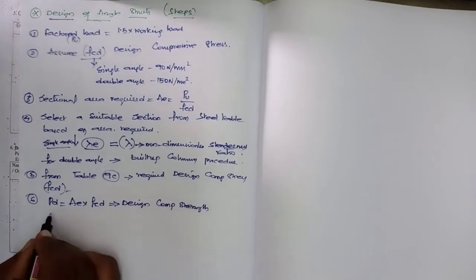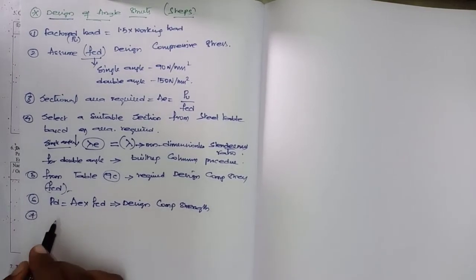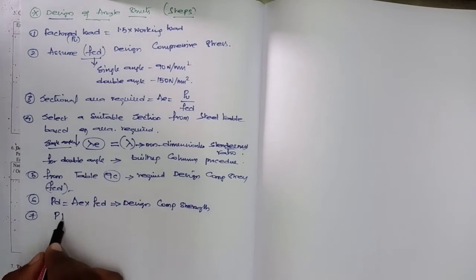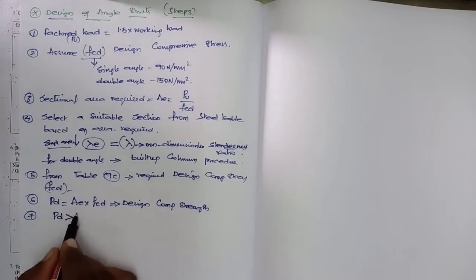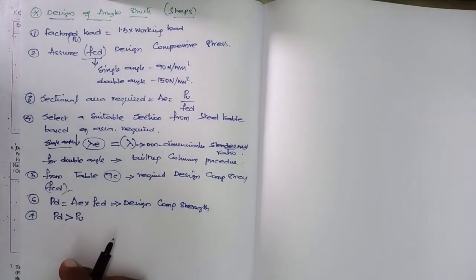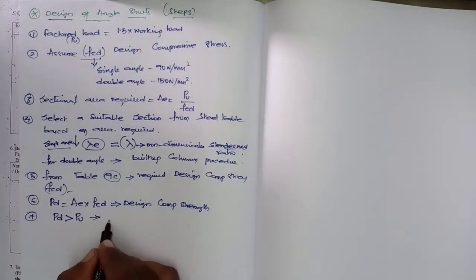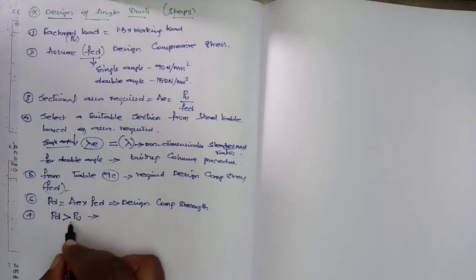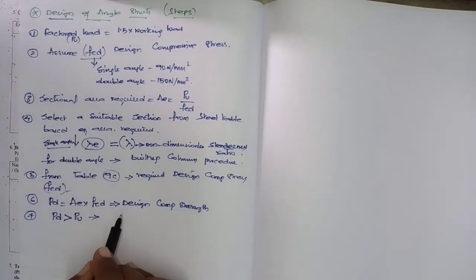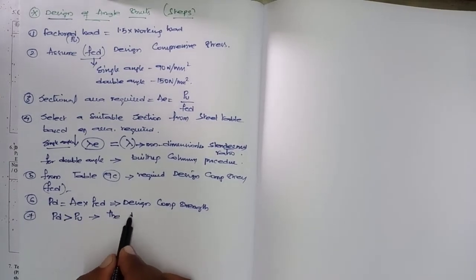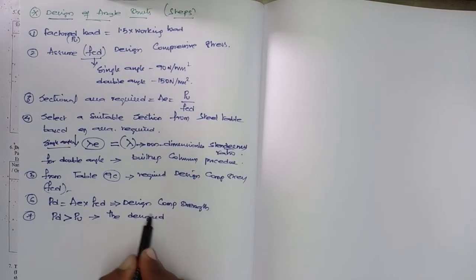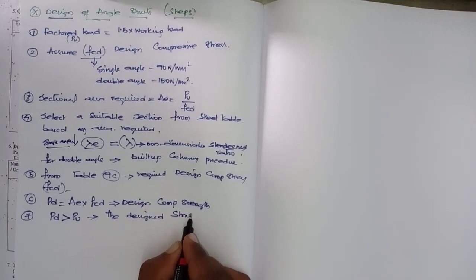Now finally, whatever PD value you got, it should be greater than PU. If this condition is satisfied, then the designed strut is safe.